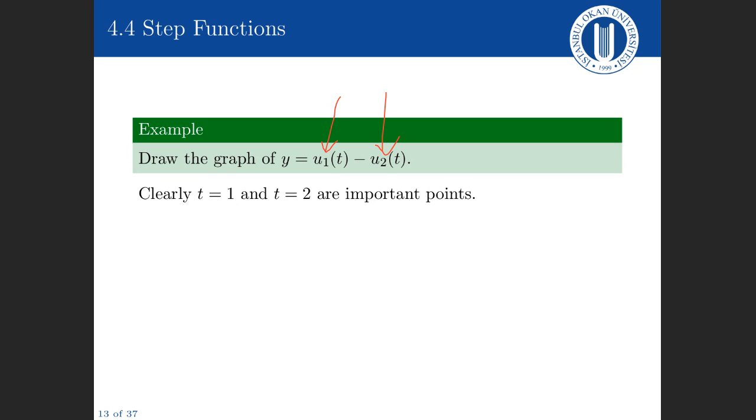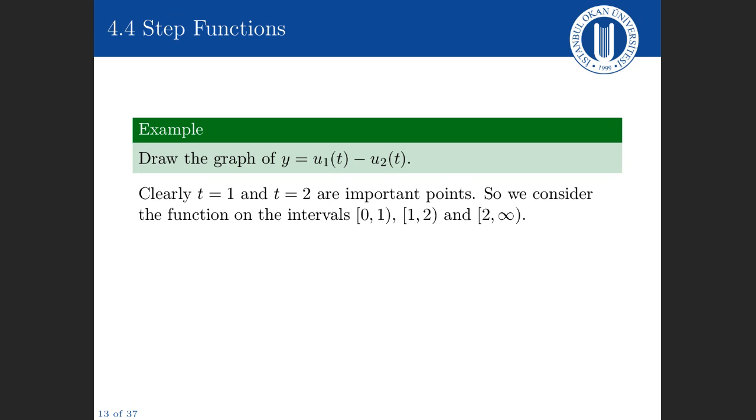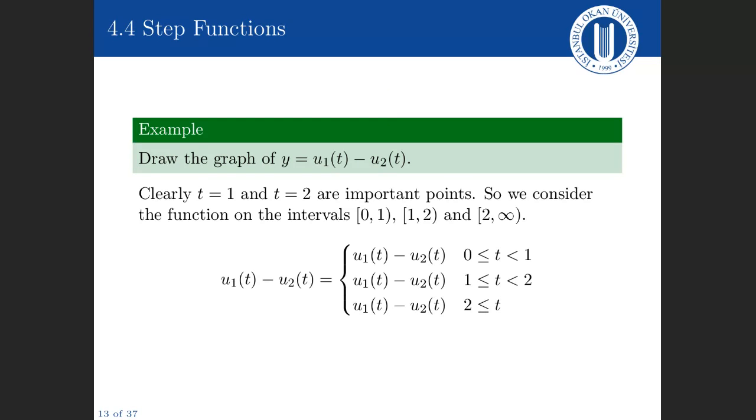So clearly 1 and 2 are going to be important numbers. So we're going to consider this function on 3 different intervals: between 0 and 1, between 1 and 2, and between 2 and infinity. Here we go.